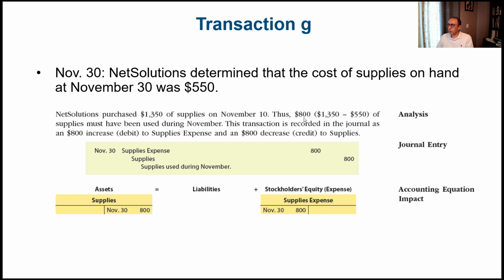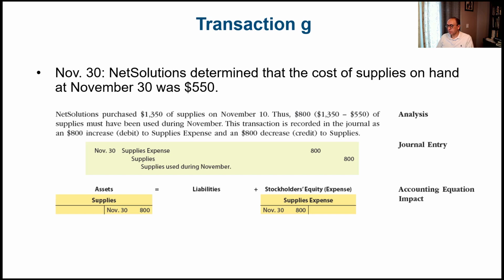So we need to record the amount of supplies we used during the period. So on November 30th, we debit supplies expense and we credit supplies. Remember, supplies expense is an expense, an account that reduces stockholders' equity, so their nature is on the debit side. They like the debit side whenever they're increasing. Supplies is an asset.